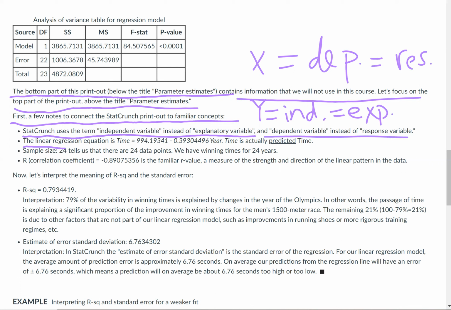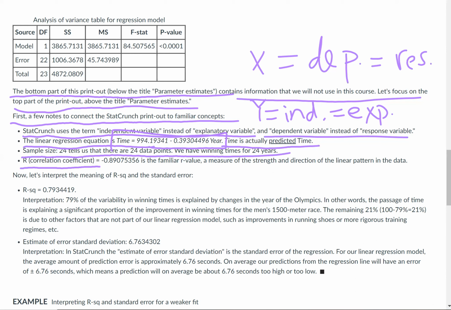Time is actually predicted time. So this model is what we think is going to happen in the future, but we don't know for sure. We don't have any data values; this is just a model. Sample size 24 tells us there are 24 data points. We have winning times for 24 years.